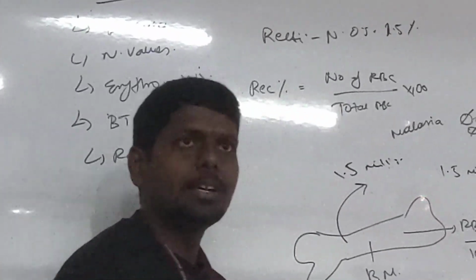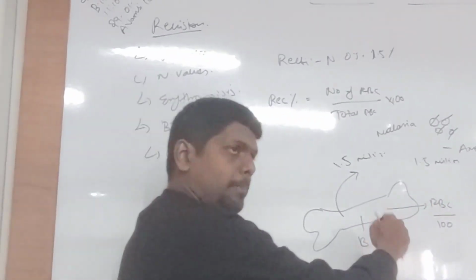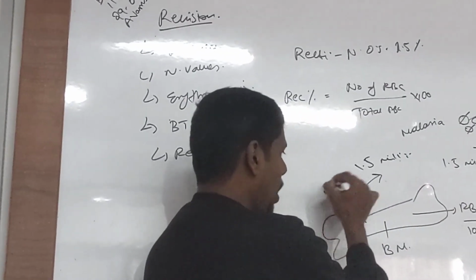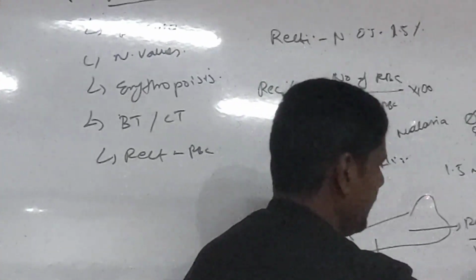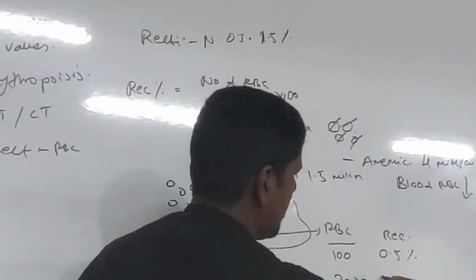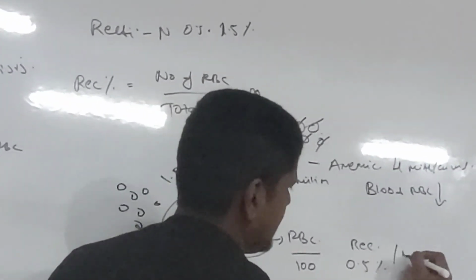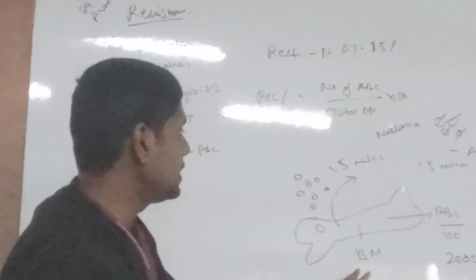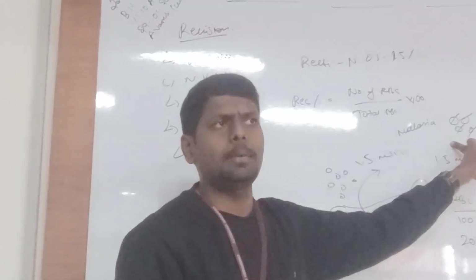Am I correct? During anemia, the bone marrow will respond to this condition by releasing more cells, resulting in production of 2000 cells per minute. This is versus 100 cells per minute. Now the bone marrow is under stress because there is ongoing anemia.